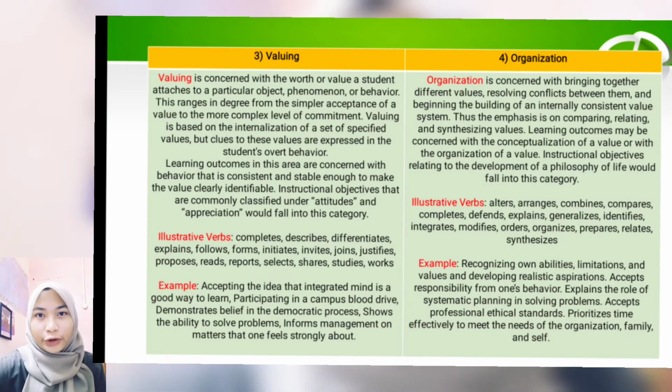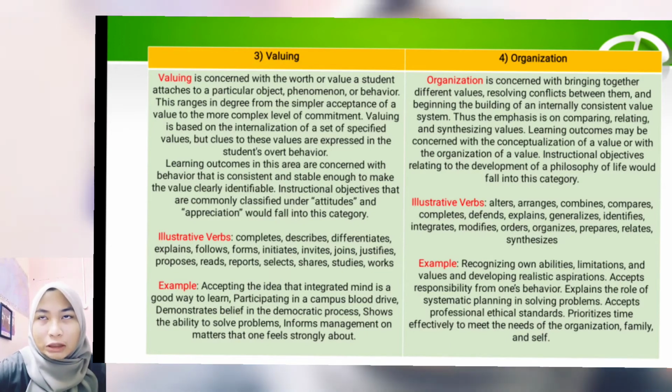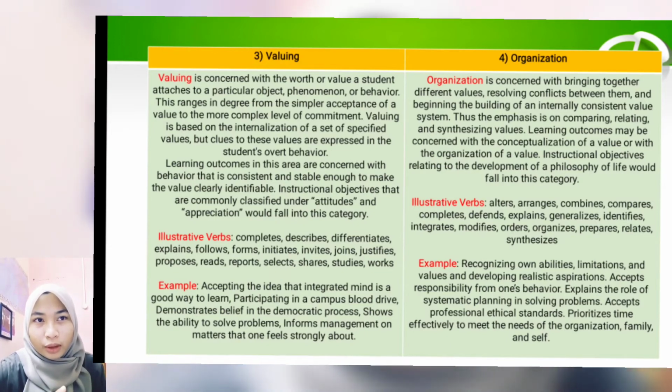Okay, so the next level of the affective domain based on the Krathwohl model is valuing. Valuing is concerned with the worth or value a student attaches to a particular object, phenomenon, or behavior.